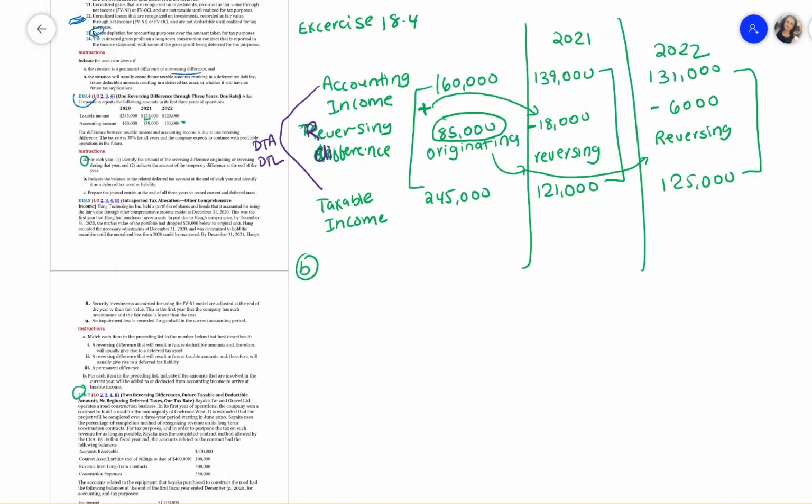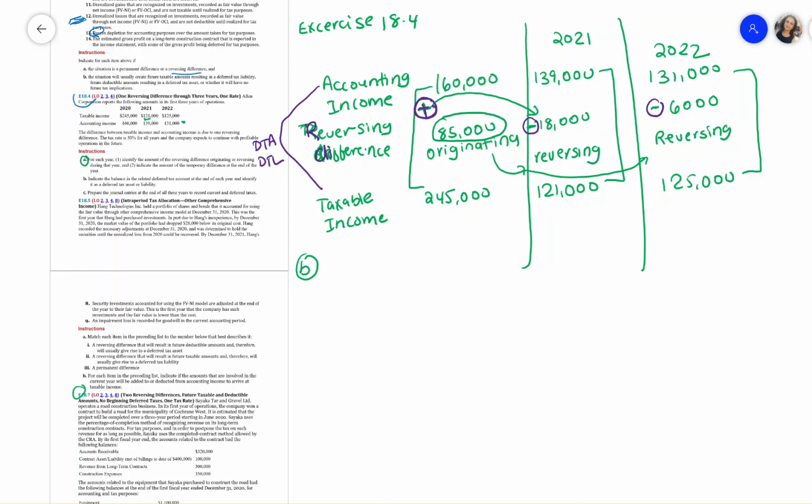So we want to know which one we created. If it's a plus, we created a deferred tax asset, and then you're reversing that asset. If it's a negative number, it is a liability. But when we look at it, we're combining each entry.